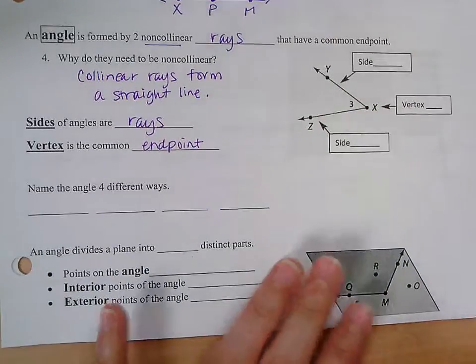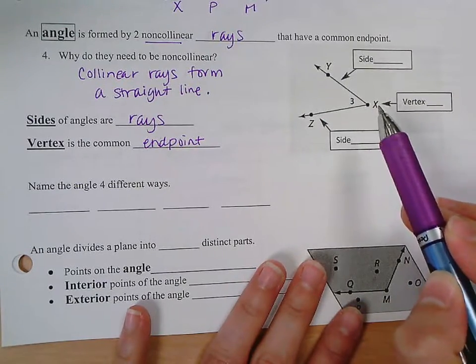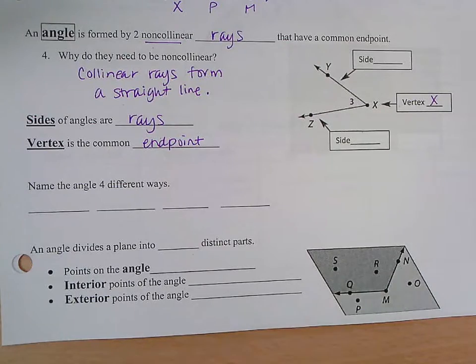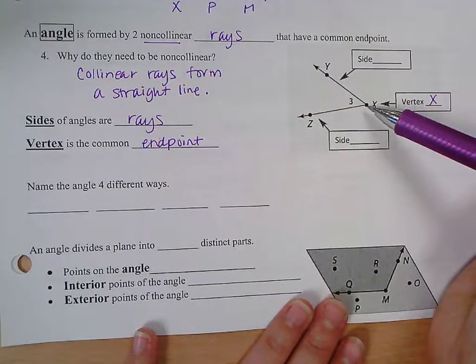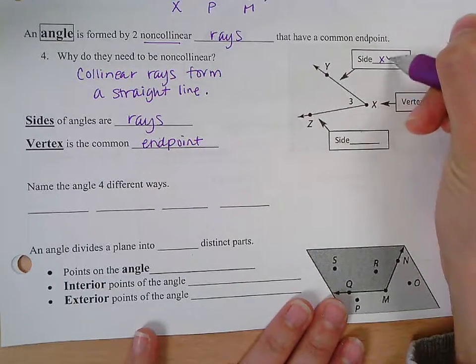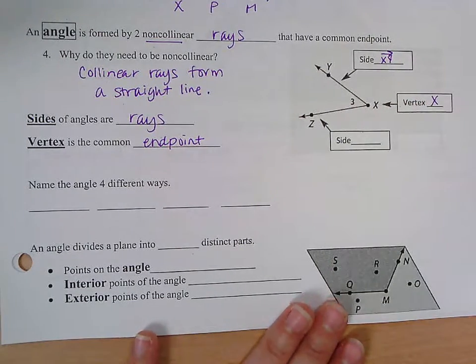So the angle that you see here has a vertex of their common endpoint, which is point X, so it's vertex X. And then one side would be the ray XY, so XY with that ray symbol above it.